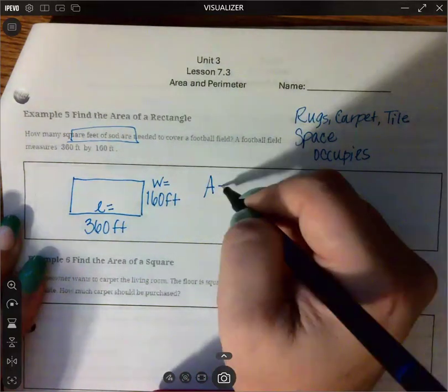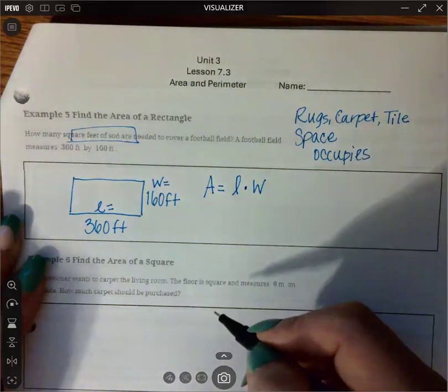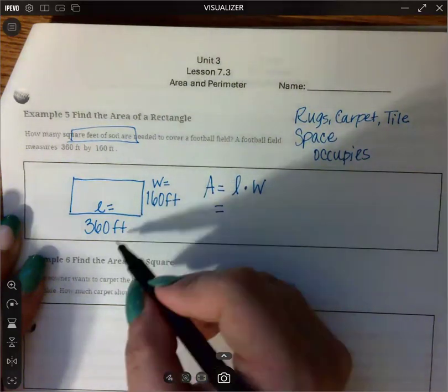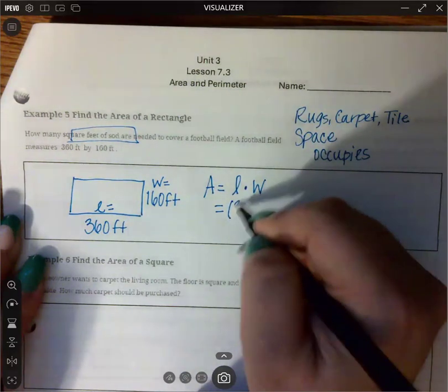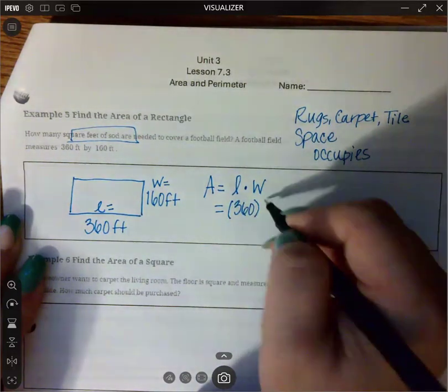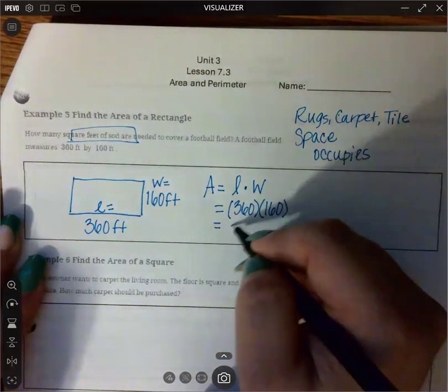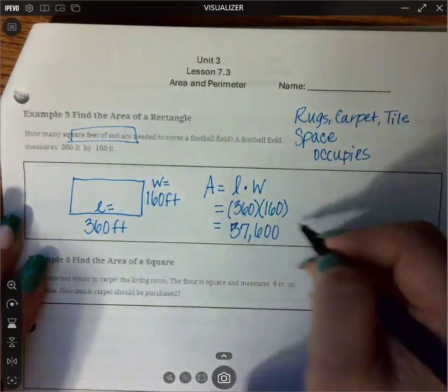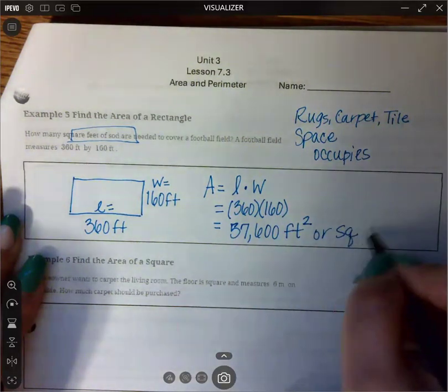The area of a rectangle formula is length times width. They're both in the same dimension, both in feet, so we don't have to do any conversions. So we just plug in 360 times 160, and hopefully you get 57,600 feet squared or square feet.